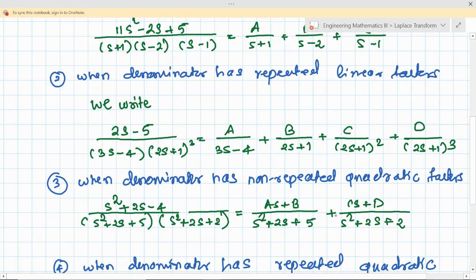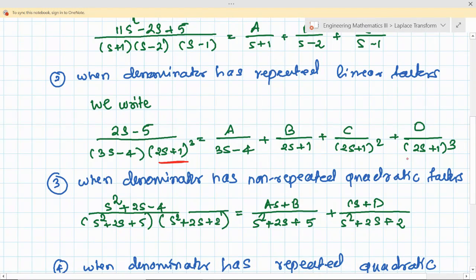The second condition is that suppose you see here 2s plus 1 repeated thrice. Then write A upon 3s minus 4, the distinct factor once, plus B upon 2s plus 1, plus C upon 2s plus 1 squared, plus D upon 2s plus 1 cubed.